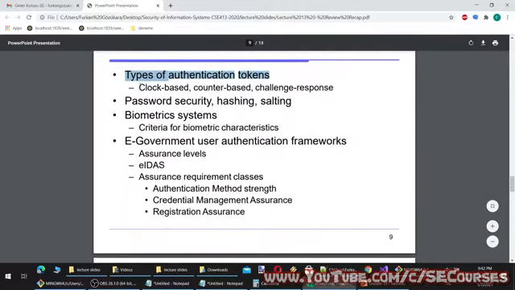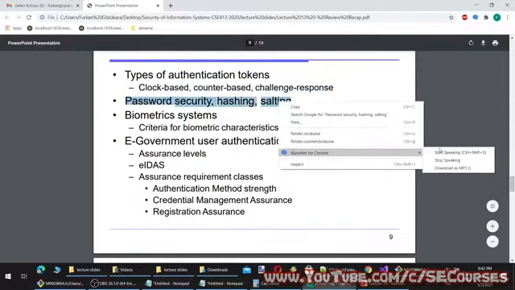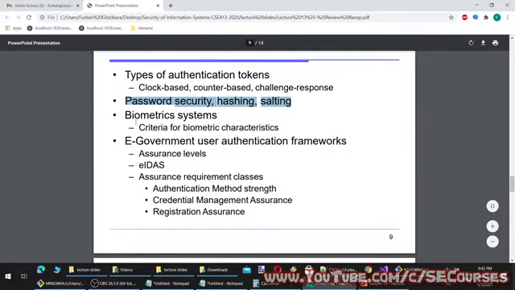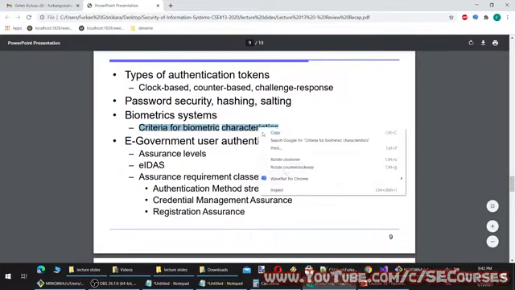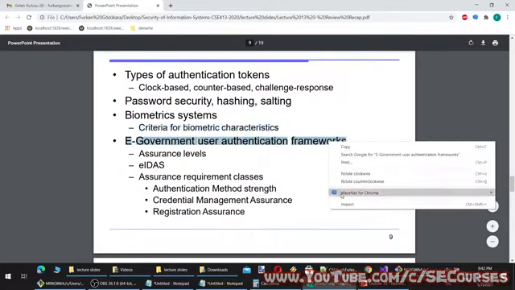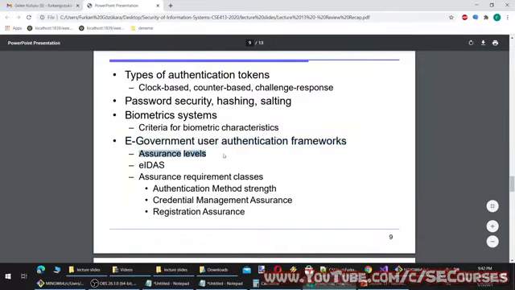Types of authentication tokens: clock-based, counter-based, challenge response. Password security, hashing, salting. Biometrics systems. Criteria for biometric characteristics. E-government user authentication frameworks.